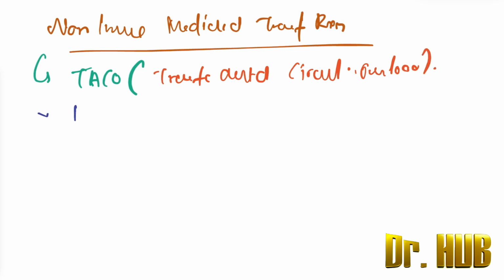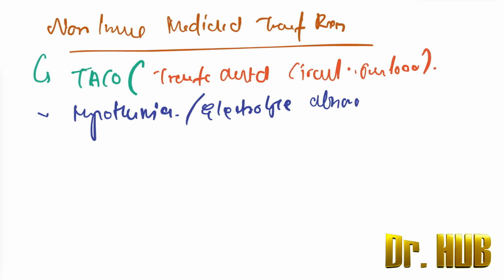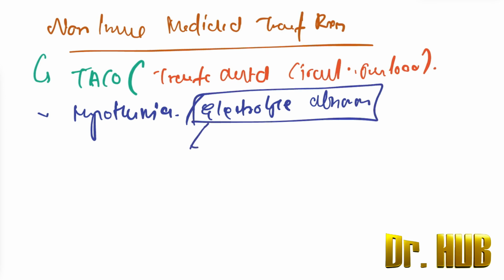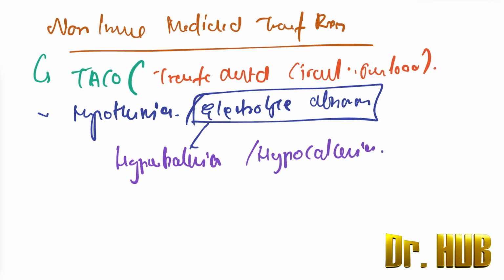Then comes hypothermia and electrolyte abnormality, which includes hyperkalemia as well as hypocalcemia.